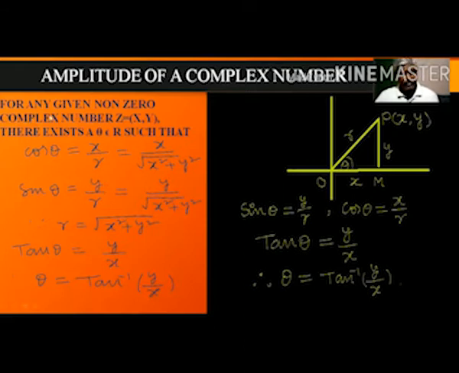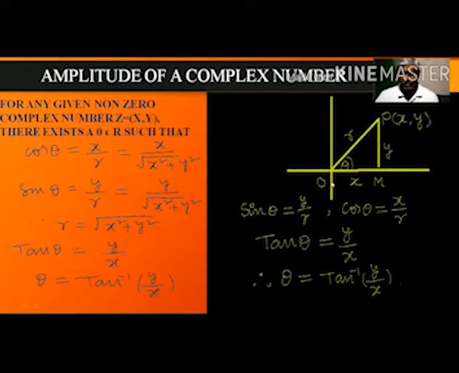So for any given non-zero complex number z equal to x comma y, there exists a theta belonging to R such that cos theta is equal to x by r, sin theta is equal to y by r. Since r is equal to under root x square plus y square, you can observe this triangle figure.